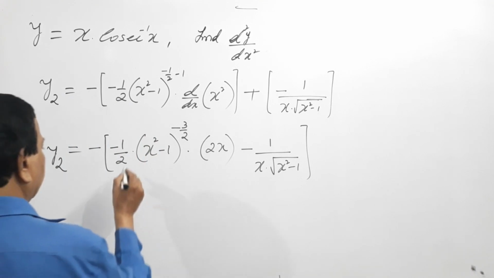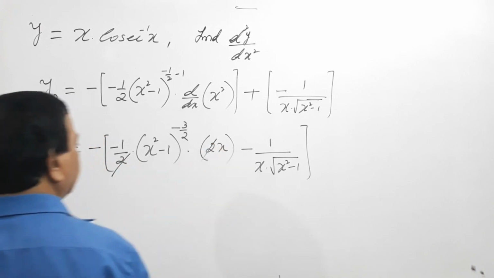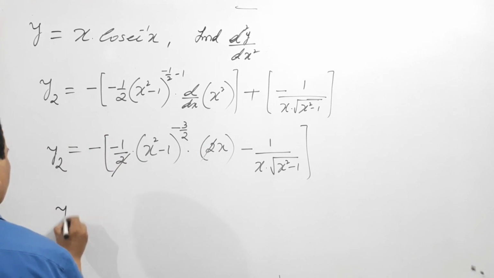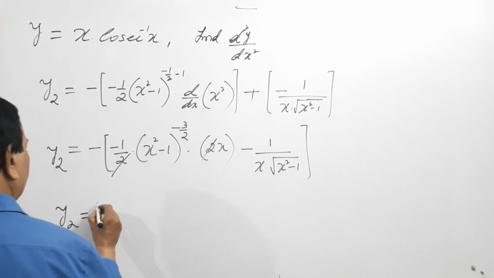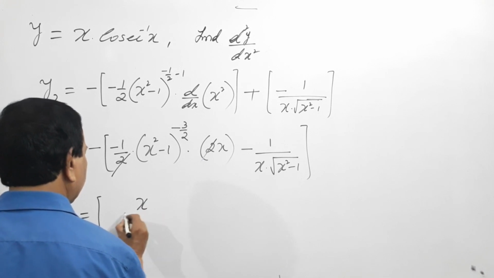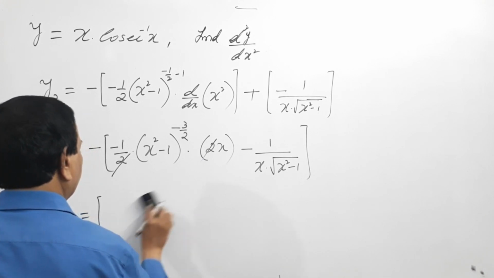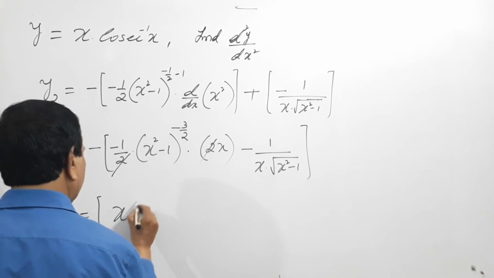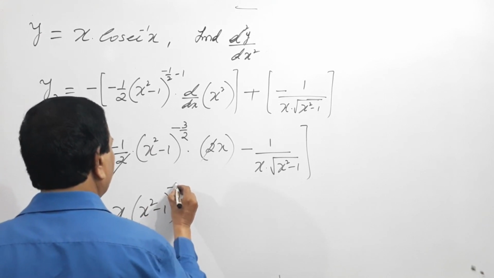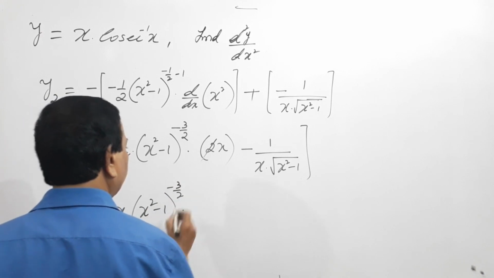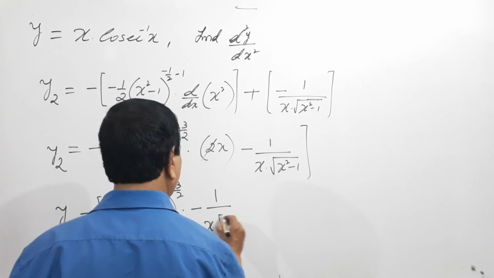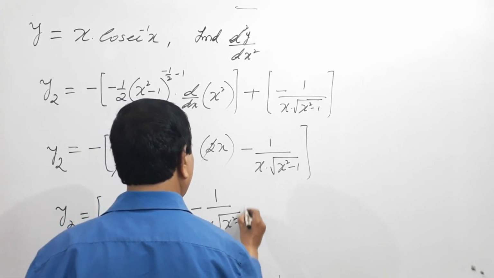So here this 2 and this 2 cancel, and this minus into minus becomes plus. So this becomes x into x square minus 1 to the power of minus 3 by 2 minus 1 by x into under the root x square minus 1.